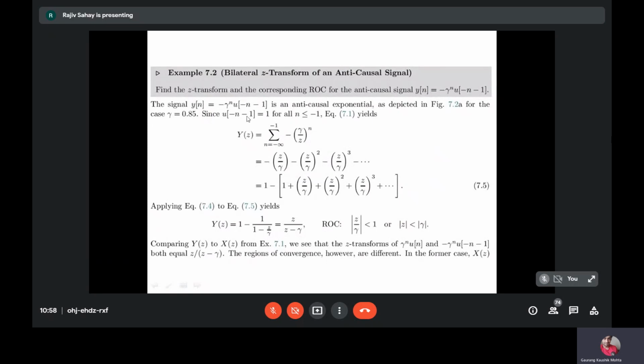Because u of minus n minus 1 is equal to 1 for all n less than or equal to minus 1, the limits of the sum will now be minus infinity to minus 1, and what you are summing is minus gamma by z whole to the power n. If you start expanding this, it comes like this.